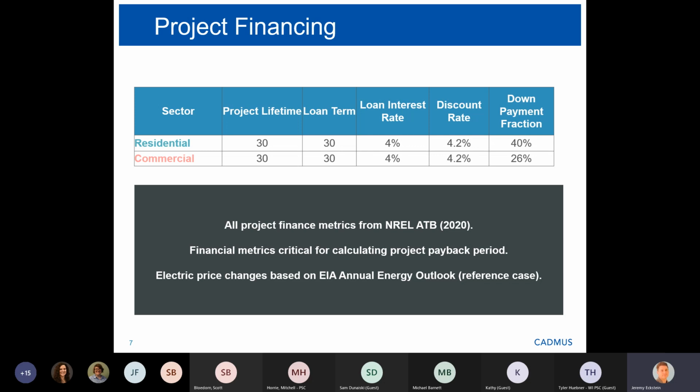So these are the baseline inputs. We can vary some of them for the economic scenarios, and also we're considering varying some of these for our income qualified analysis.